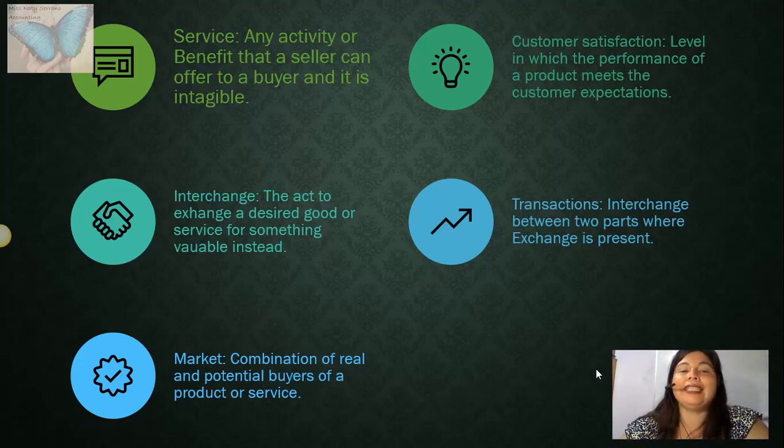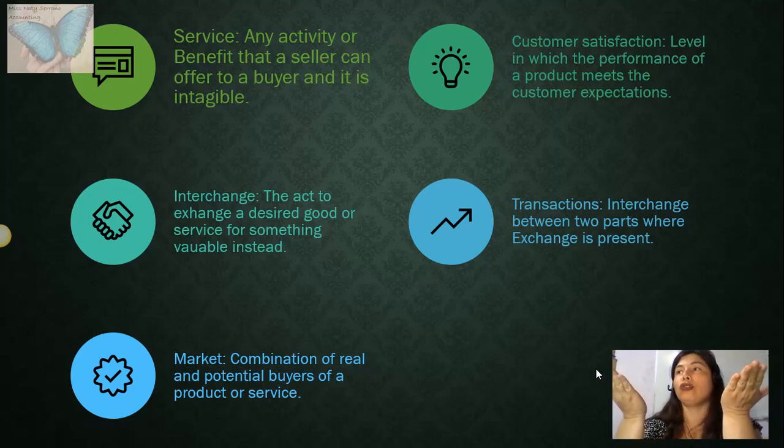Interchange, the act to exchange a desired good or service for something valuable instead. I was missing the L there. Something valuable instead, normally money. Market, it's a combination of real and potential buyers of a product or service. See, a market has the real ones and the potential ones.